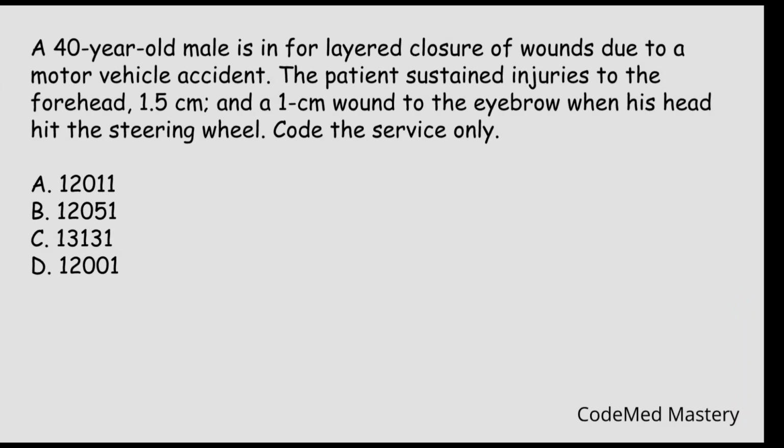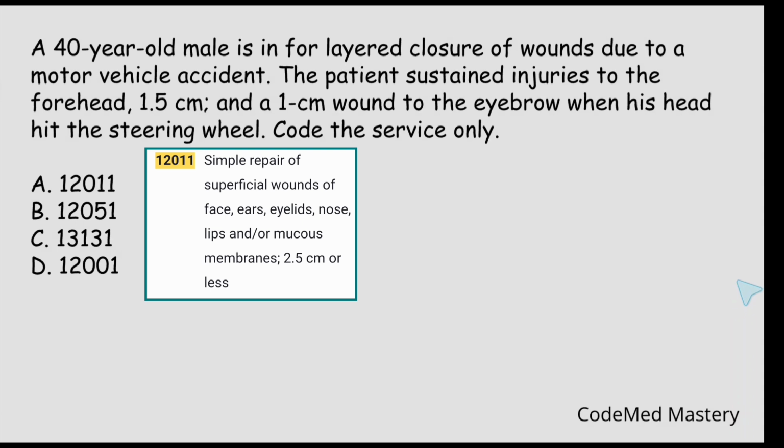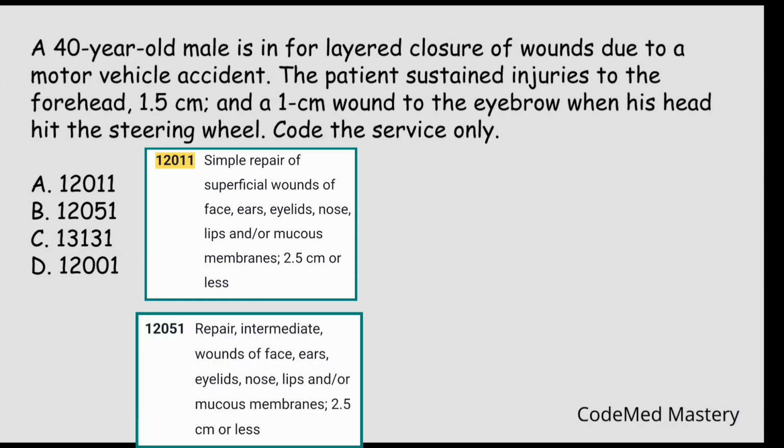Check option A, 12011. 12011 is for simple repair of superficial wounds of face, ears, eyelid, nose, lips or mucous membranes 2.5 cm or less. And the code 12051 is for repair intermediate wounds of face, ears, eyelids, nose, lips or mucous membranes 2.5 cm or less.